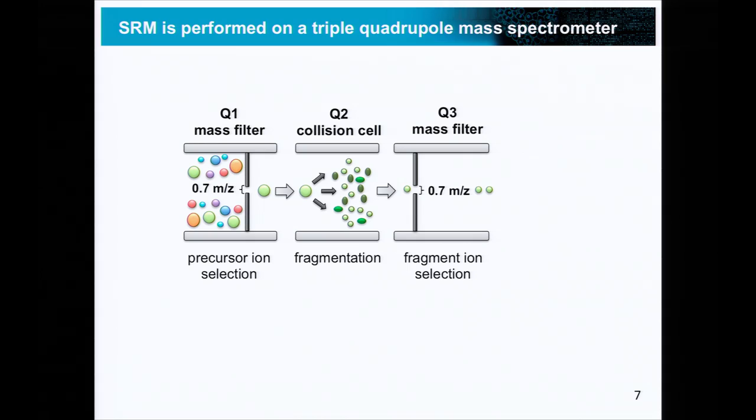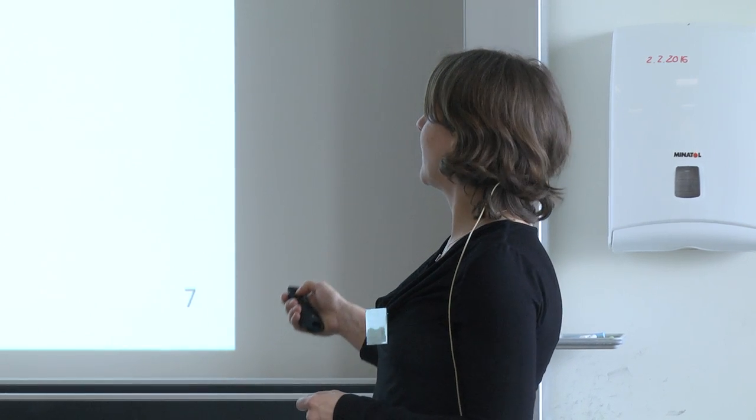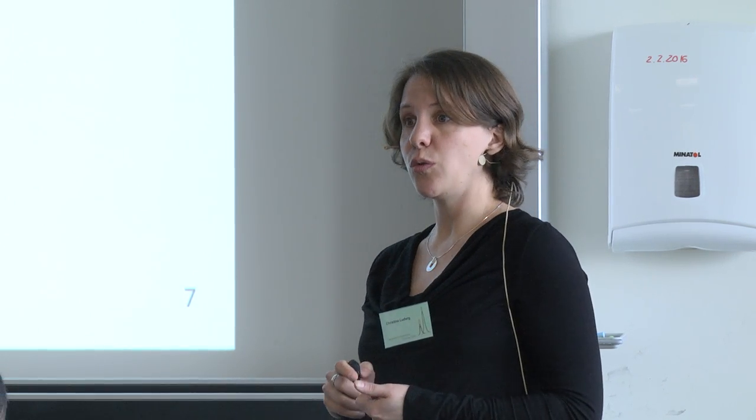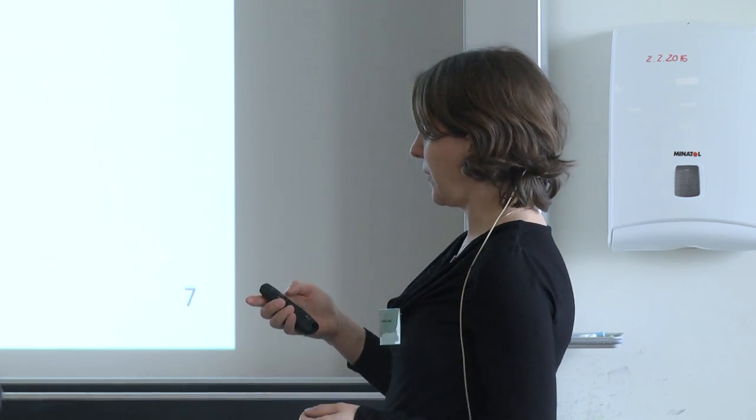This peptide precursor will then get fragmented in the second quadrupole, and in the third quadrupole, again, just one out of this mixture of fragment ions will get selected, will be able to pass the quadrupole, and what you record then in the end is the intensity of this fragment ion over time. This is what we call the SRM trace, and it's this trace that you will use to identify and also to quantify your peptides and proteins with SRM.